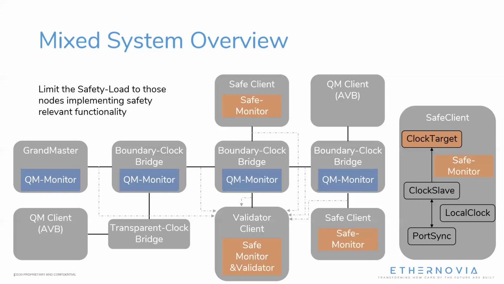So what we do is for all safety relevant links leading to any safe client, we send those 12 sets of timestamps to a validator client that you see here on the bottom in the middle. And this validator client can now go ahead and compare for each link and for the overall system the consistency of the timing information.